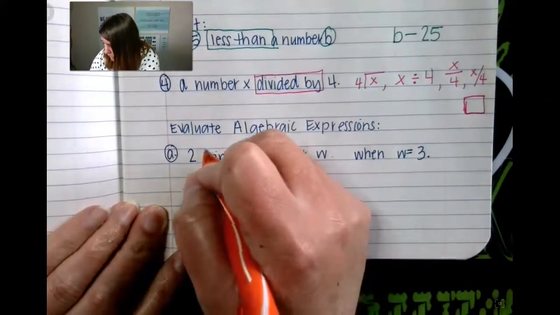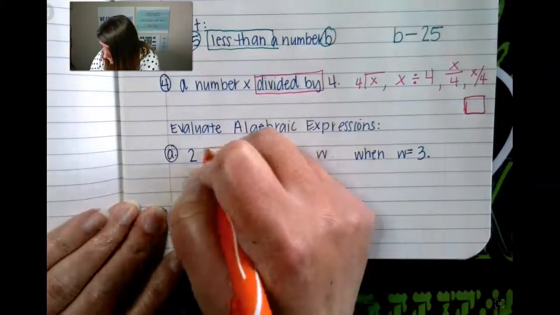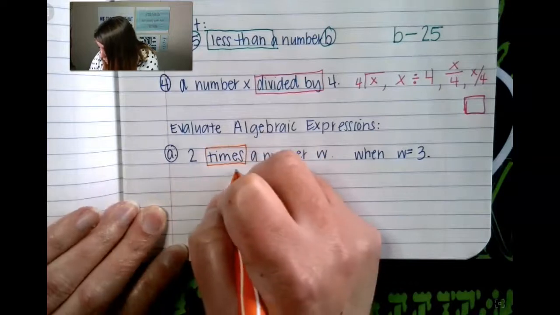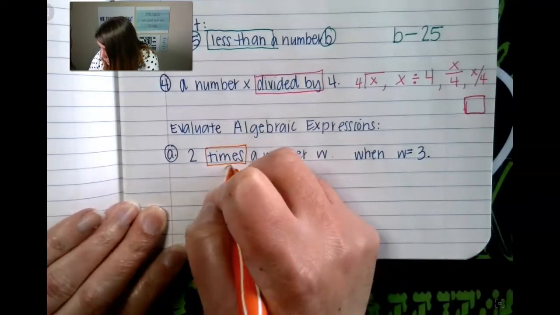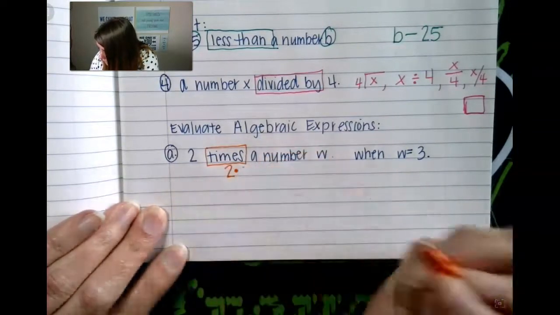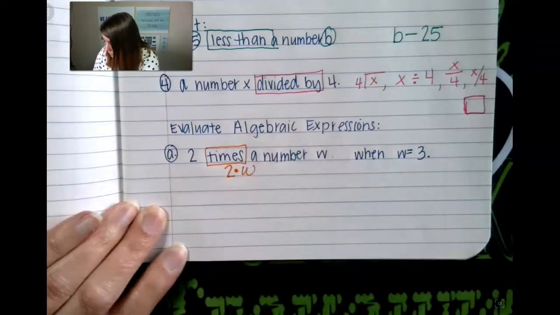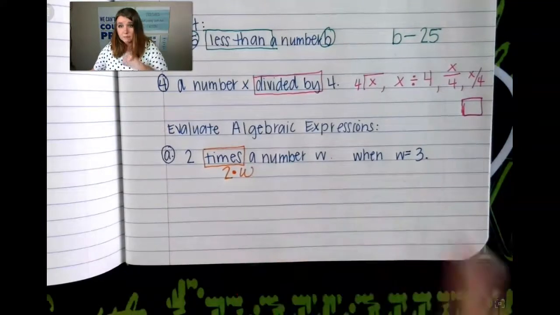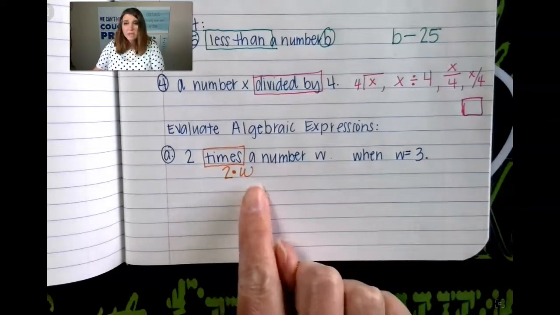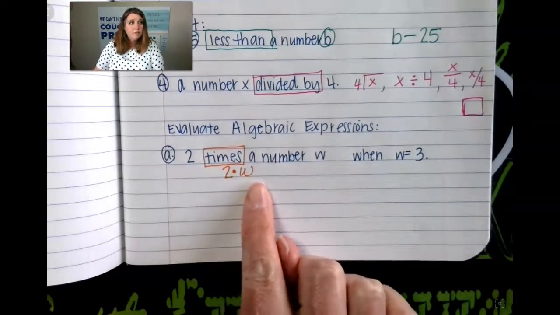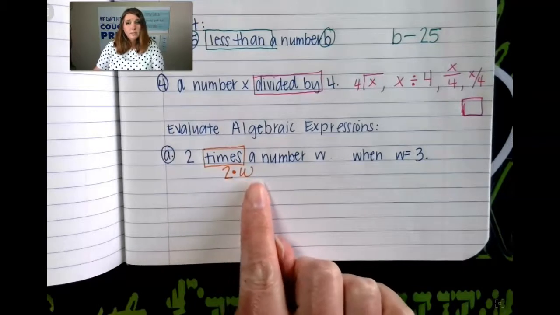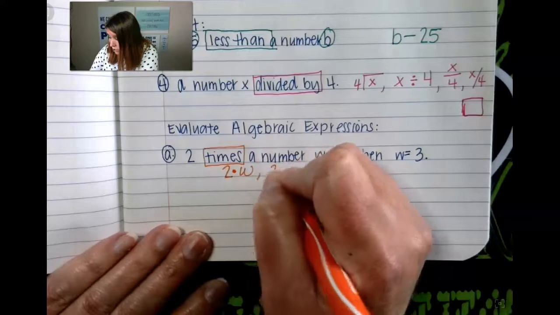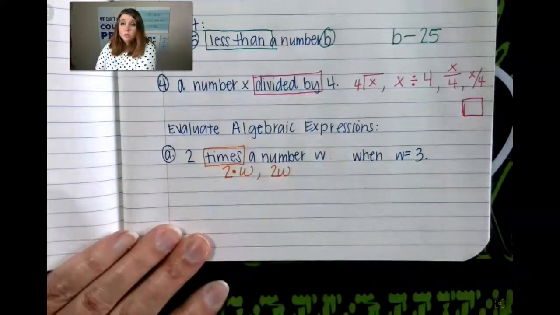All right, so 2 times. We know that times is multiplication. So we're going to say 2 times a number W when W equals 3. So here is my algebraic expression that I've written, 2 times W. I could have also written it like this, 2W.